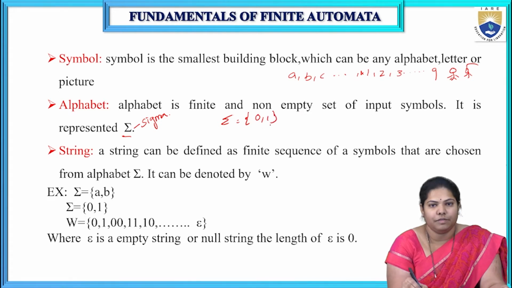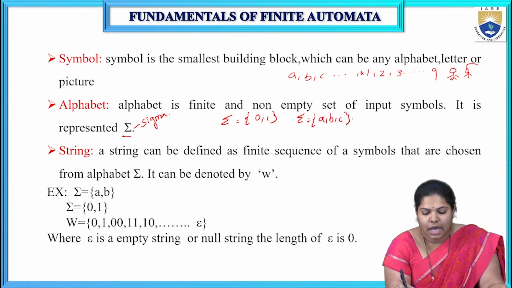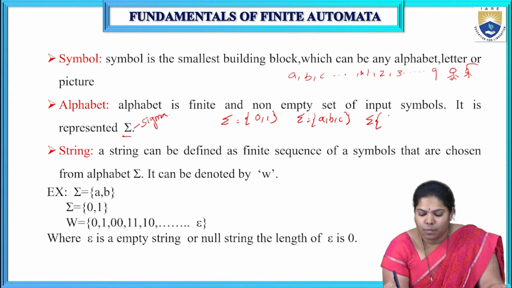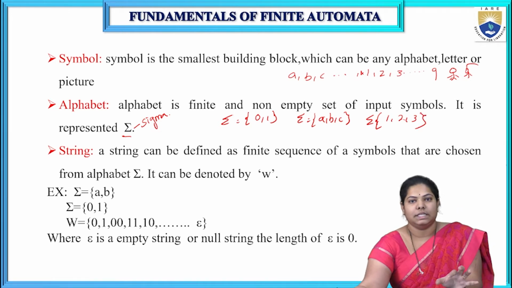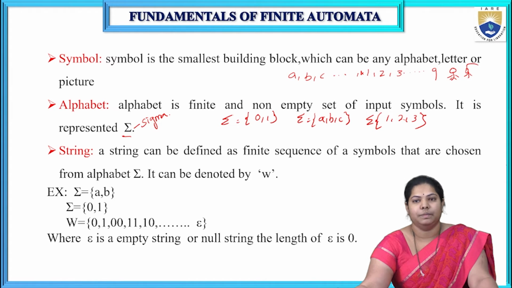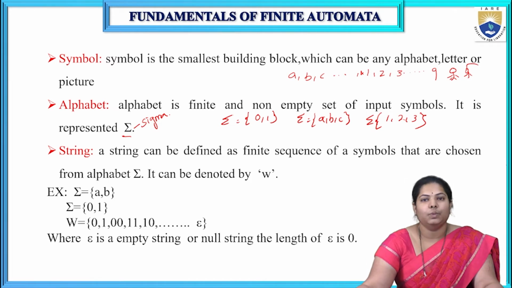It is a set of input symbols. Or else I can take input symbols like A, B or C, or symbols like 1, 2, 3 and so on. I can take any of these as a non-empty set of input symbols, then we call it an alphabet. Next, coming to a string.